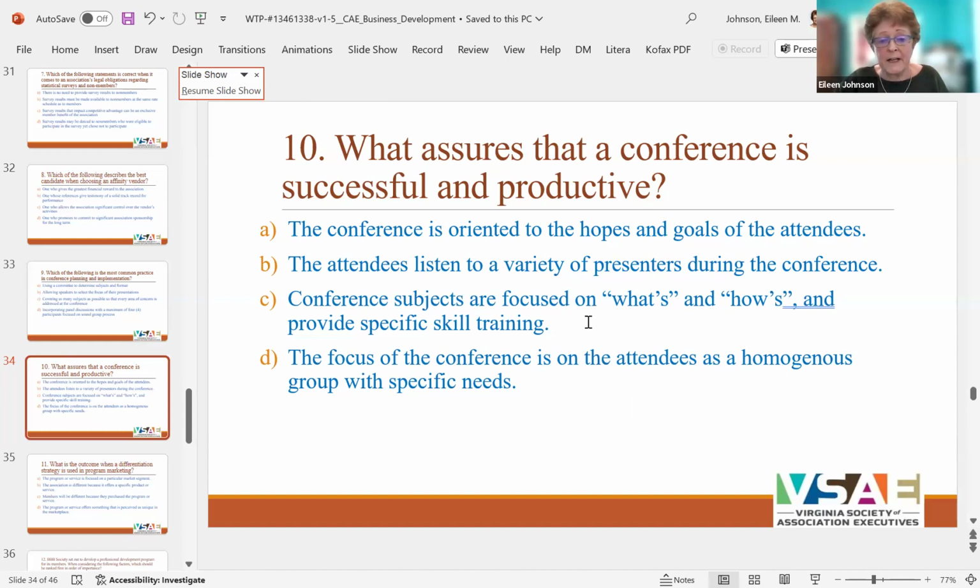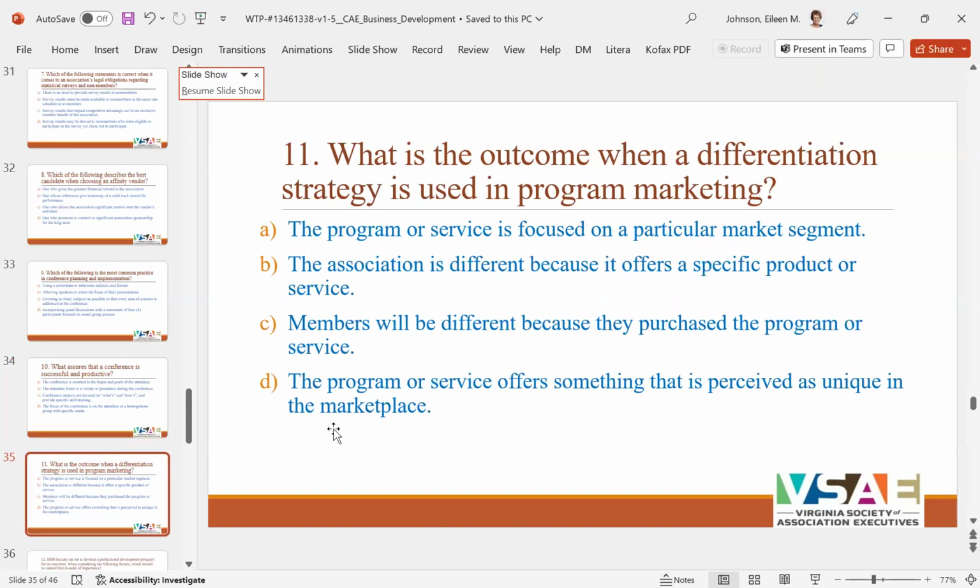And C, what you said is true. Not every conference is going to do that. B, not every conference is going to have a variety of presenters during it. It could and probably does. But if it's successful and productive, it's going to be something that people want to go to, and it's oriented to what they want to hear about. Okay, that makes sense.